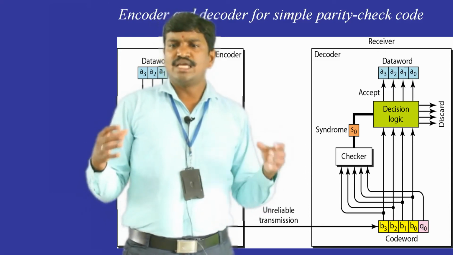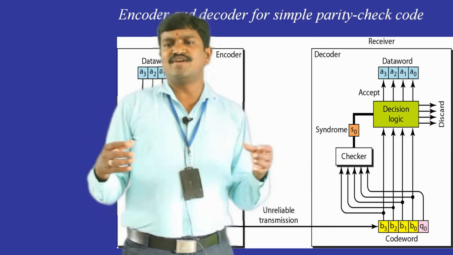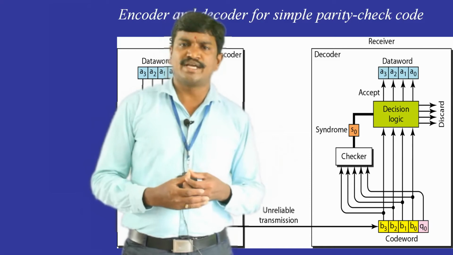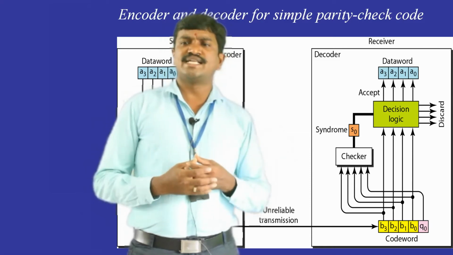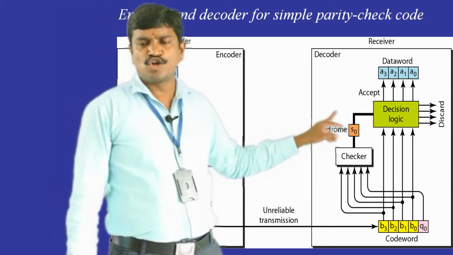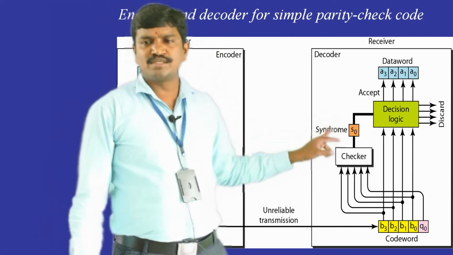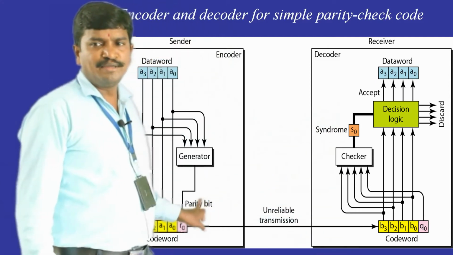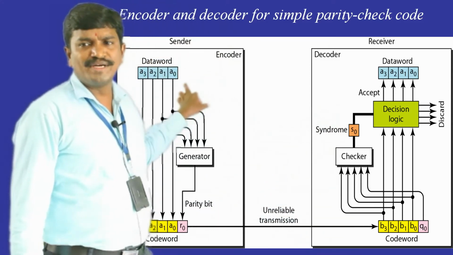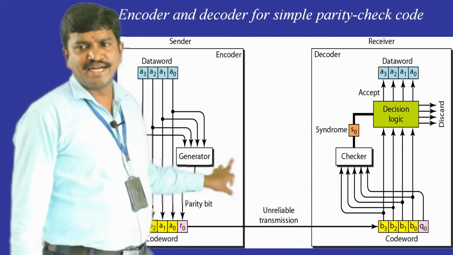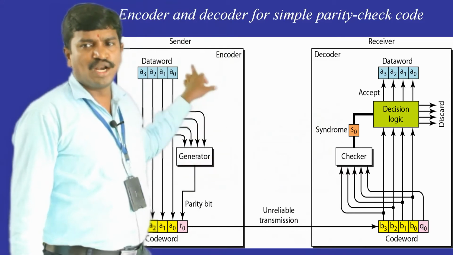So when an even number of ones are added, the answer is 0. As per the XOR logic, in modulo arithmetic, when an even number of ones are added, the answer is 0. When the checker gets an answer of 0, we call it the syndrome. Syndrome means adding all the bits in the code word. In the encoder, only the 4 data bits are taken, and the generator identifies whether the count is even or not.